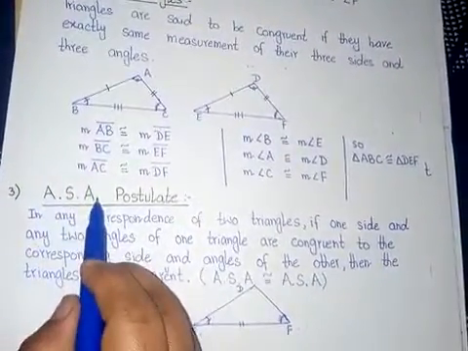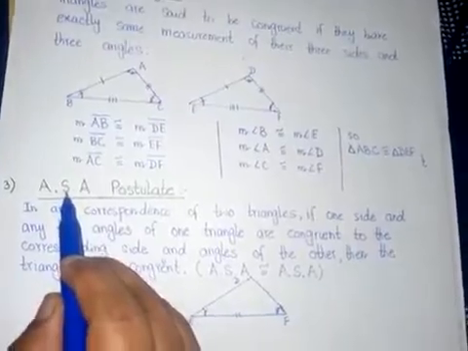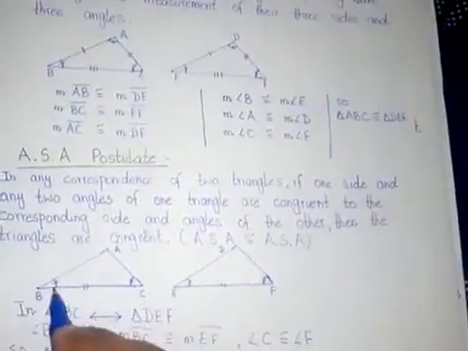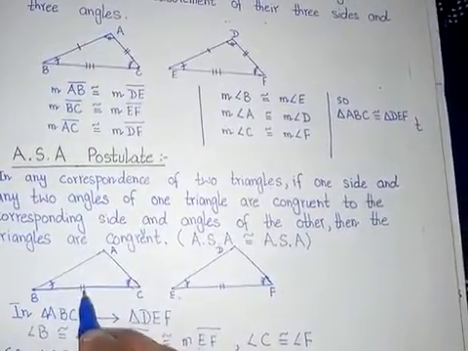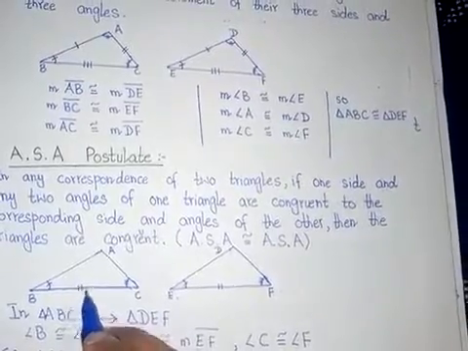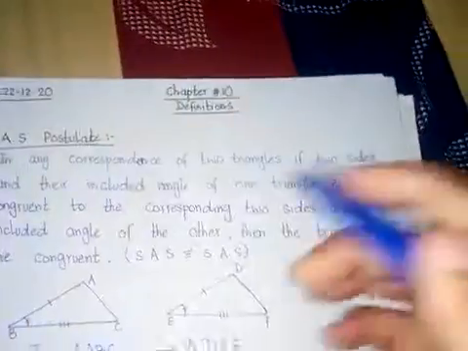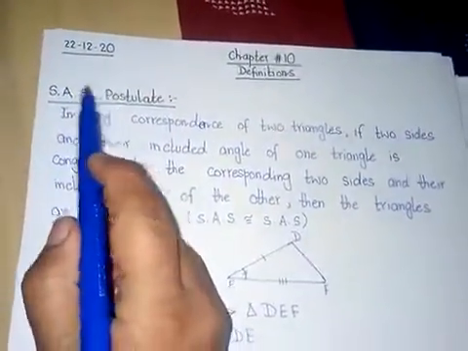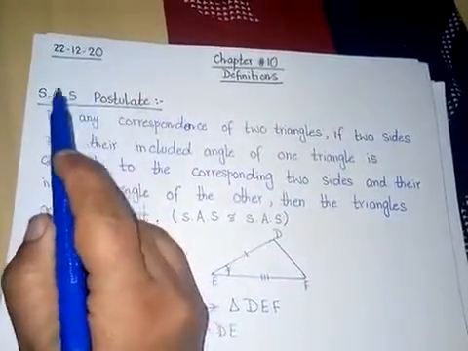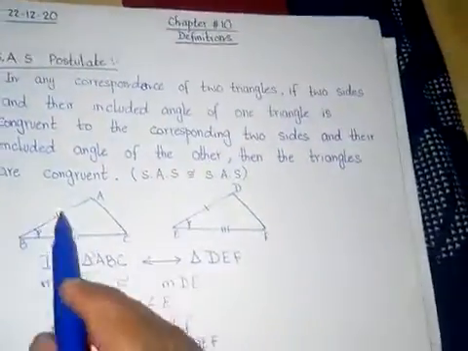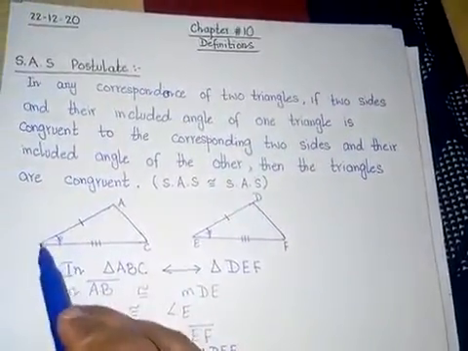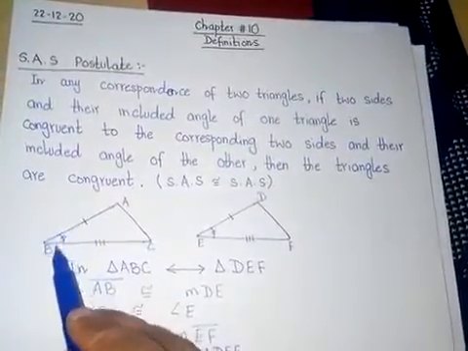Any two angles and their central side. So I have taken angle B and C and their central side. So it is ASA. The next postulate was SAS, means any two sides and their central angle. So I have considered side AB and BC and their central angle.